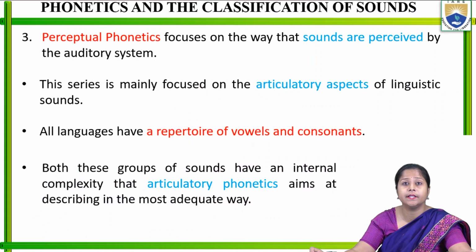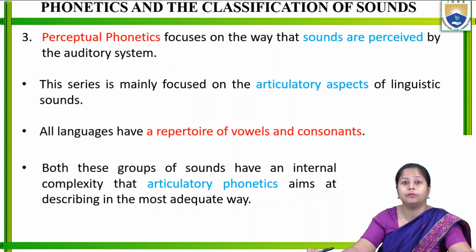The third type of phonetics is perceptual phonetics. That is focused on the way that sounds are perceived by the auditory system. Whatever sounds are made by the human, the machine has to sense and interpret, so that is perceived by the auditory system.